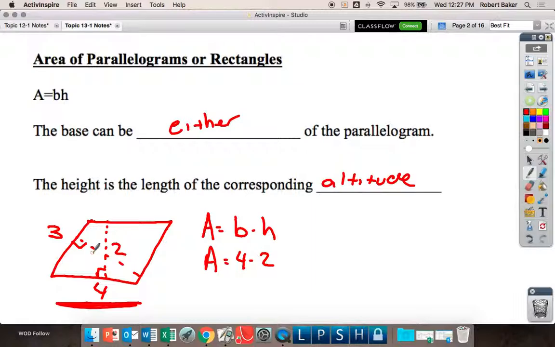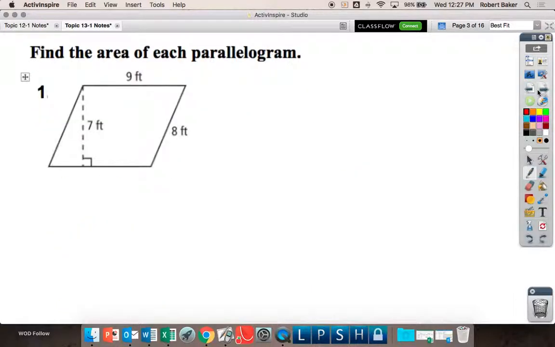So let's kind of stumble through this one. Here is a shape, and it's asking you to find the area of that shape. What formula do you use? Base times height. Area equals base times height.